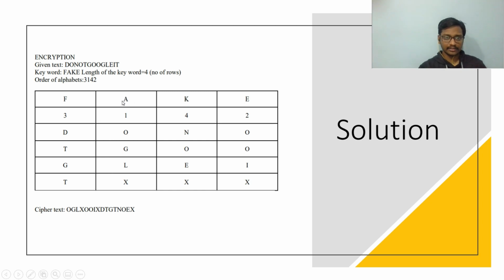Take the first part of the ciphertext from A, because it is the first letter in alphabetical order: O G L X. Next E, because it is number 2: O I X X. Next F, number 3: D T G T. And at last K, because it is number 4: N O E X. So this is the final ciphertext based on the encryption process we have done.